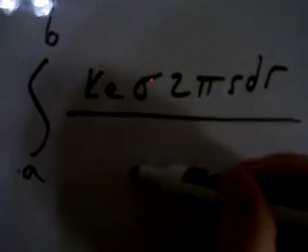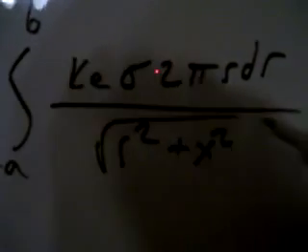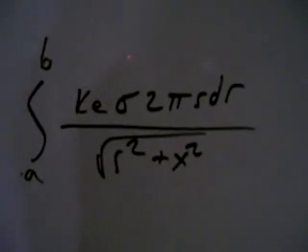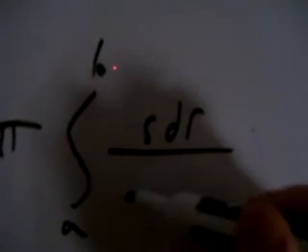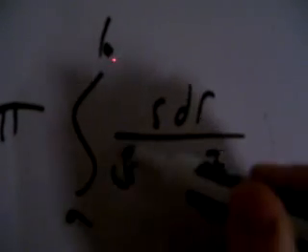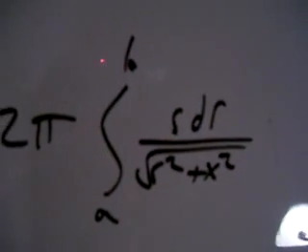So Ke times sigma 2 pi r dr all over the square root of r squared plus x squared. Okay. So we have some constants that we can take out right off the bat. Coulomb's constant, sigma is a constant, 2 pi is a constant. Still integrating a to b of r dr over the square root of r squared plus x squared. So far so good.